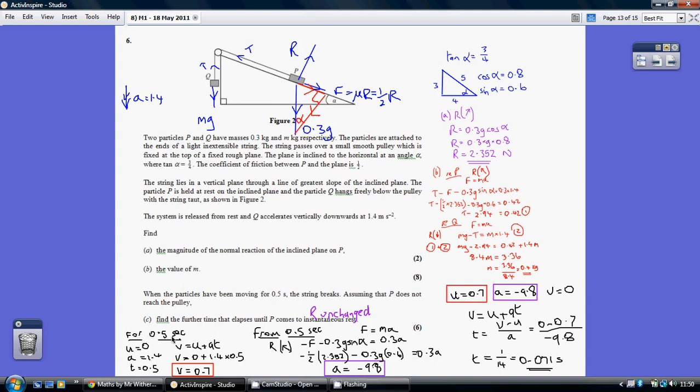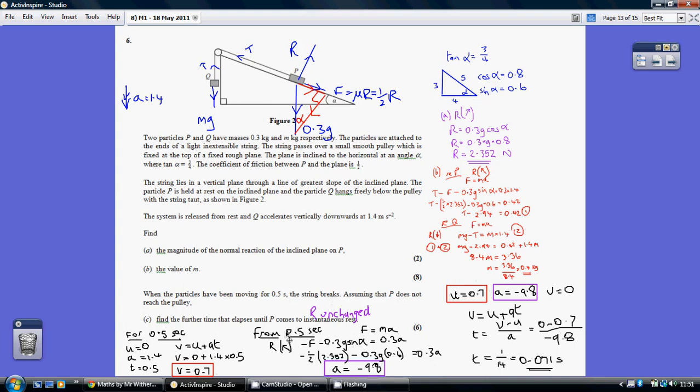So looking at that first, initial speed is 0, an acceleration of 1.4, a time of 0.5, using v equals u plus at. We see the final speed of this first phase up to 0.5 seconds is 0.7 meters per second. So that's our initial speed after the string breaks.